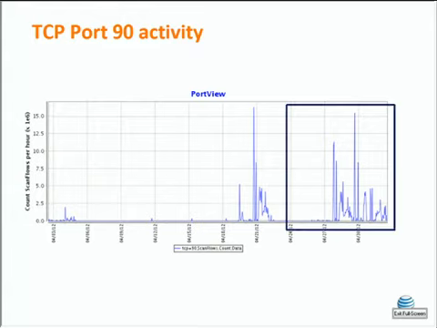But as you can see here, in the last week we are still seeing quite a bit of this scan activity. So just want you to be on the lookout for it.